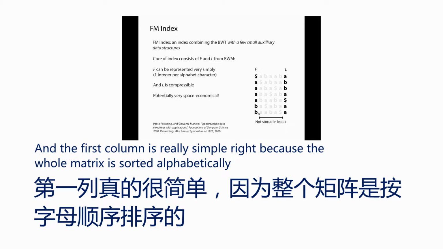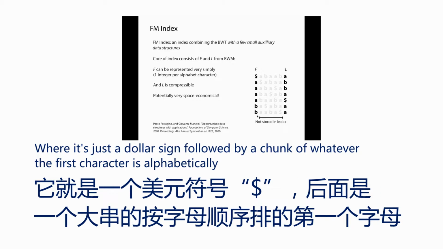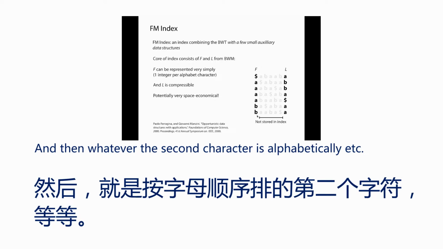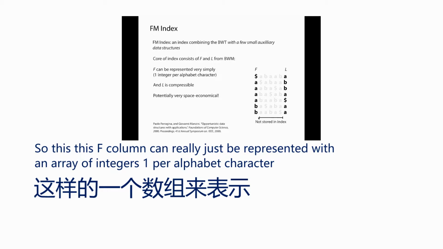Because the whole matrix is sorted alphabetically, this first column is always going to have this very simple structure where it's just a $ sign followed by a chunk of whatever the first character is alphabetically, and then whatever the second character is alphabetically, etc.